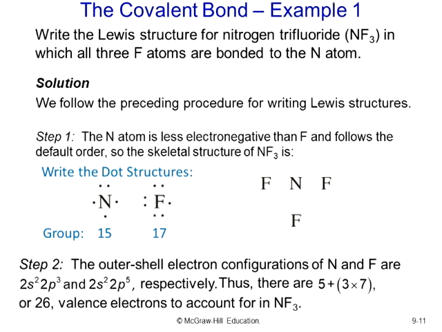So, we're going to write the Lewis structure of nitrogen trifluoride. It has a nitrogen group and it has fluoride. As a matter of fact, it has 3 fluorine groups.